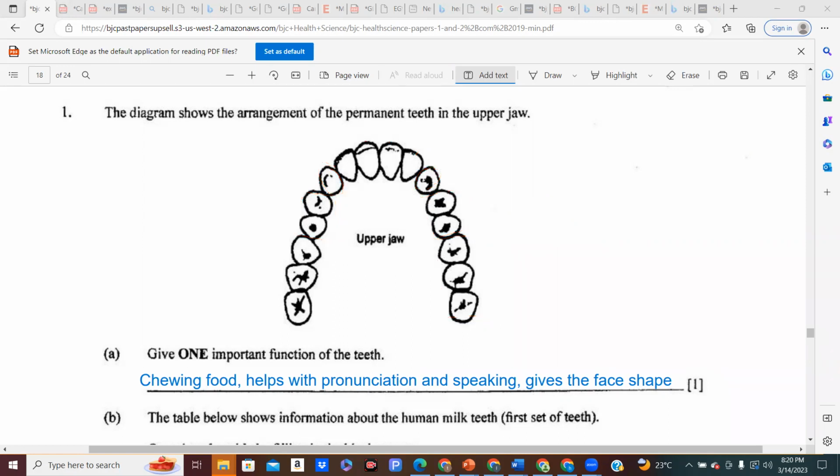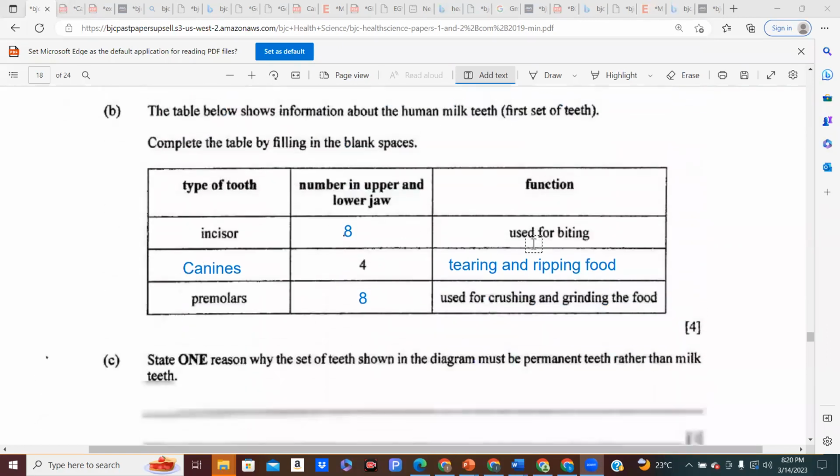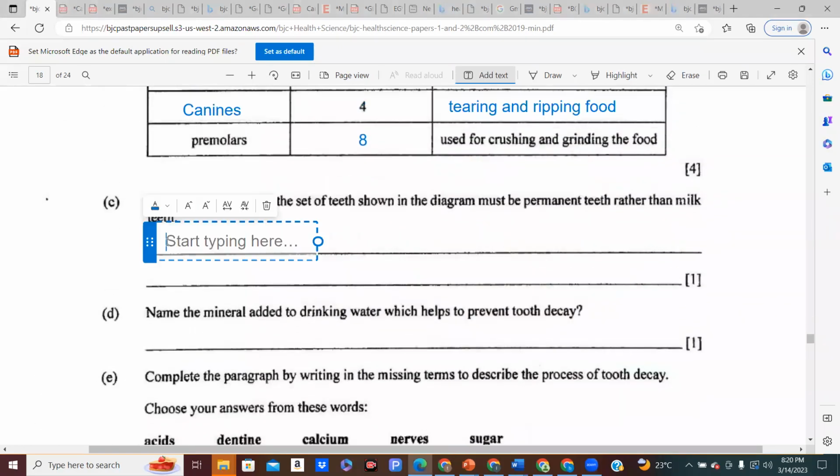So let's state the reason. I'm going to give you multiple reasons. We could say there are 16 teeth in the jaw above. All the teeth are present.